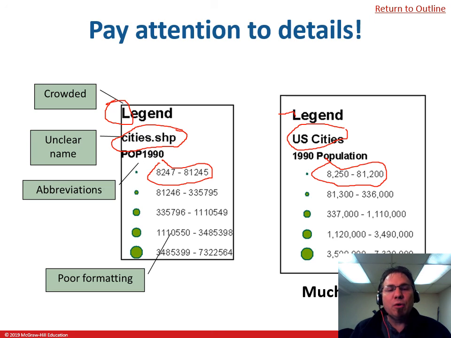So there's a lot of little details that need to go into how to do this stuff to make it human readable and professional looking. The legend here on the left is not professional. It was just thrown up there, and nobody thinks in terms of these weird numbers like this.